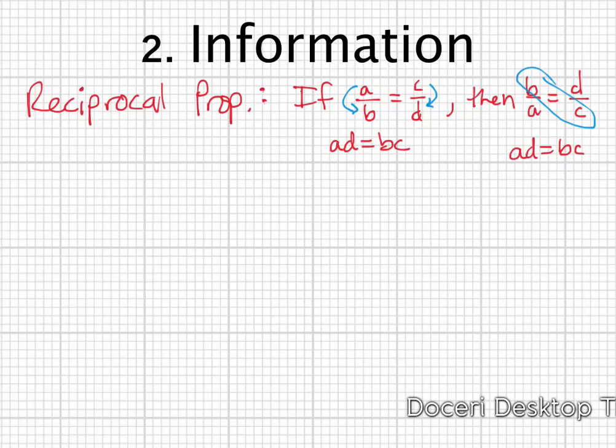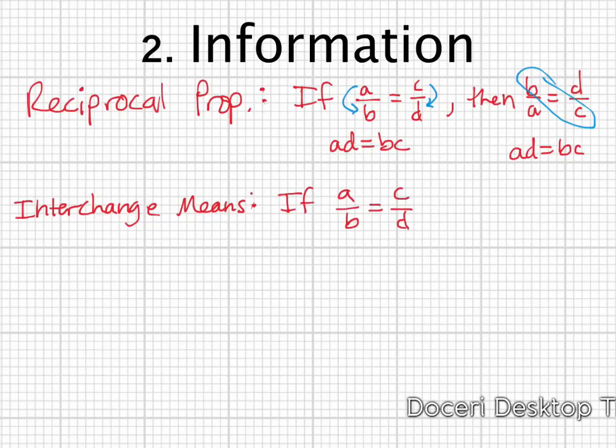The next one is when I interchange the means. So you remember the means were B and C. So if I switch them, I get a true statement as well. So if A over B equals C over D is true, then if I switch B and C, I should get a true statement as well.